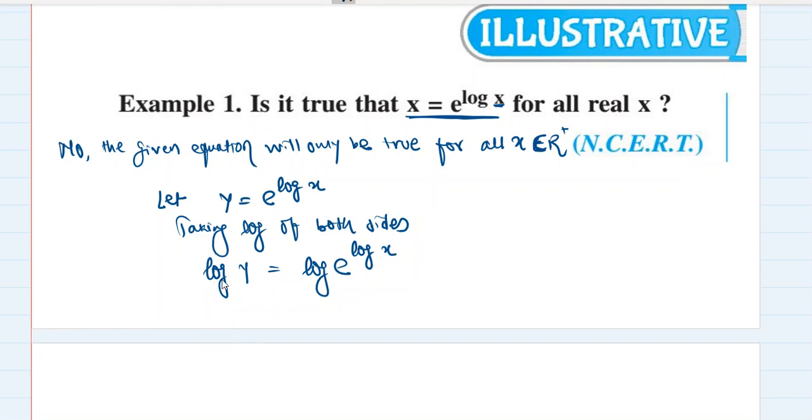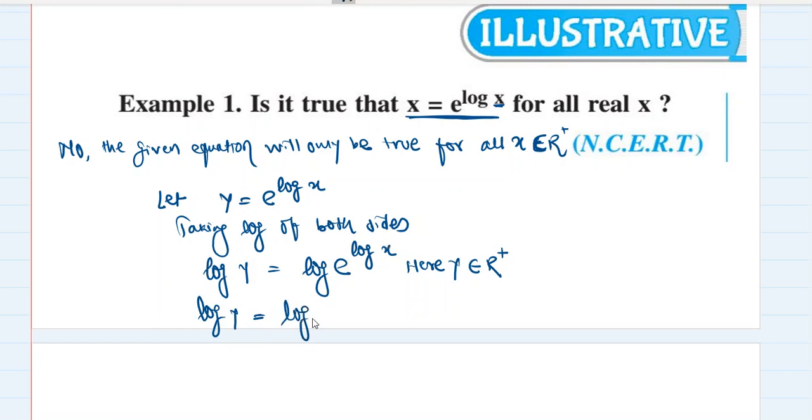Now, since we are taking log of y, log of any number, we know that the number has to be from the set of positive real numbers. Here, y must belong to R plus, correct? Okay, so log of y is equal to, see the power just gets multiplied ahead.